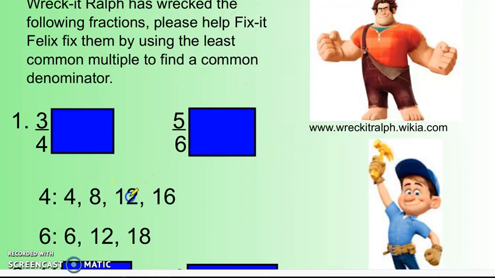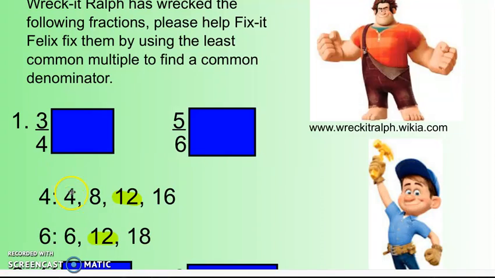And so he highlights that and uses that information to create another fraction. He's going to change 4ths to 12ths and 6ths to 12ths. So he's going to try to figure out, if I want to go from 4 to 12, what do I need to multiply that 4 by to get to 12?